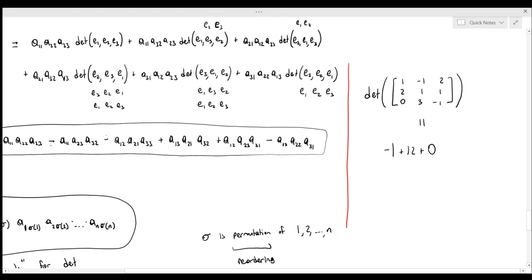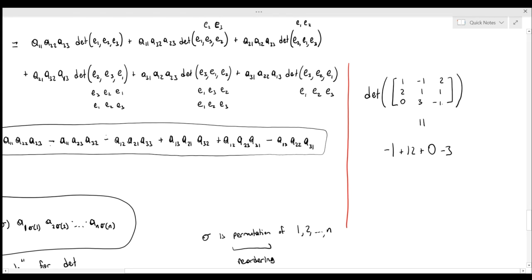Then I have the ones that are all being subtracted in the formula. Let me start with this one. It's A11, and then A23 and A32. So I'm going to do minus the product, so minus 3. And this one is A12 over here with A21 and A33.